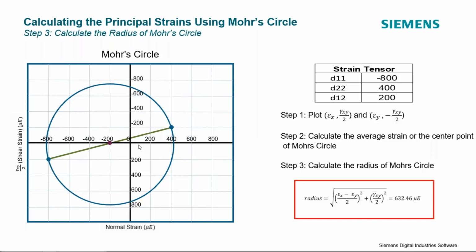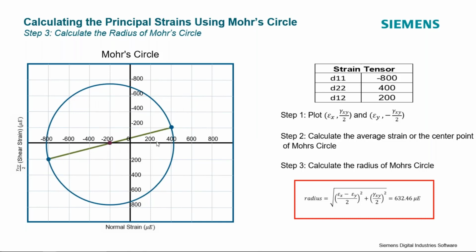Graphically, I can see a couple of nice things here in Mohr's circle as well. One of them is that at the point of my maximum normal strain, my shear strain is 0. So this point here and this point here, my points of maximum normal strain, are the principal strains, and they're very easy to calculate now that we have all of these different points.